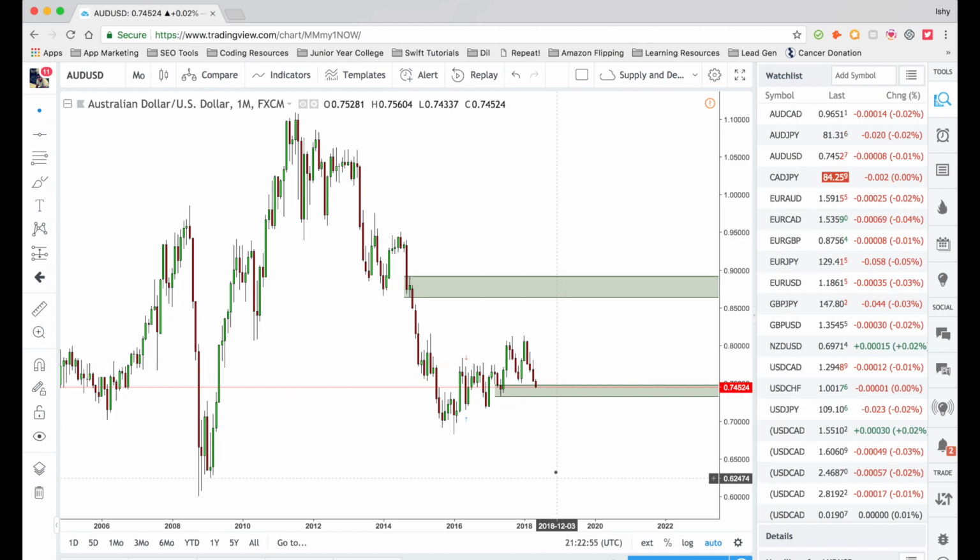But I just want you guys to understand that supply and demand is very flexible. You can be a monthly trader, a weekly trader, a daily trader, and still make money off of this same strategy. And the nice thing is, it's the same strategy across all trading styles.